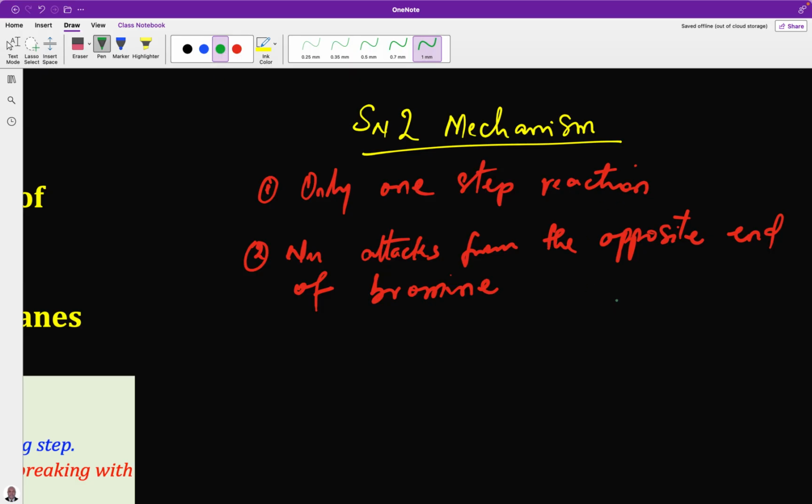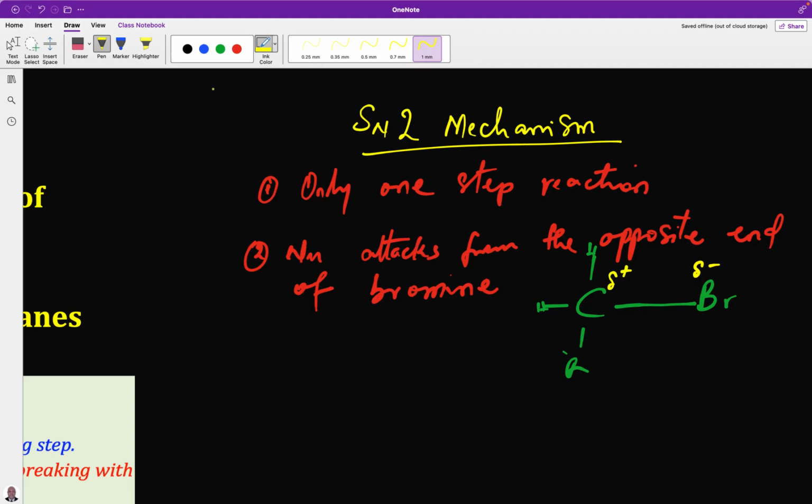In this mechanism, we have carbon and bromine. Let's say this hydrogen or something like that. This is a polar molecule.